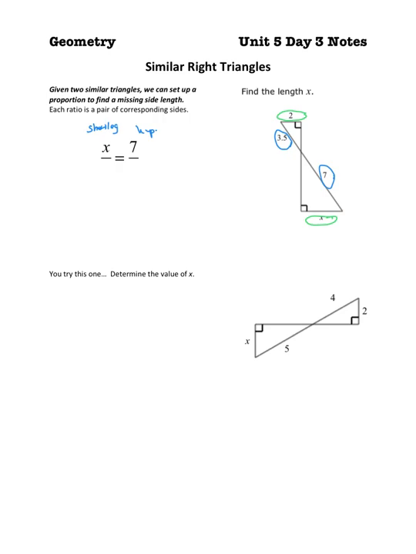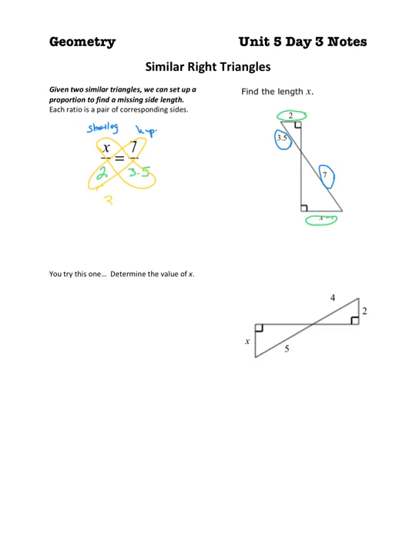So we're going to put corresponding parts together. So the short leg on the other triangle is 2. The hypotenuse on the other triangle is 3.5. Okay? A ratio of corresponding sides. So let's do the math.